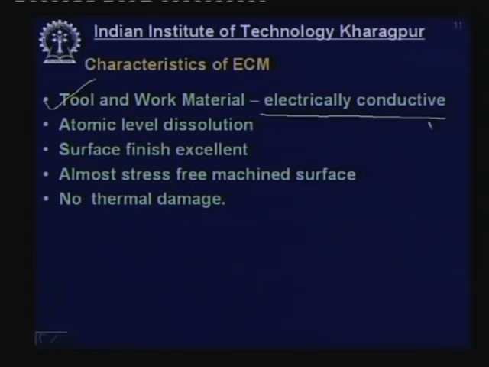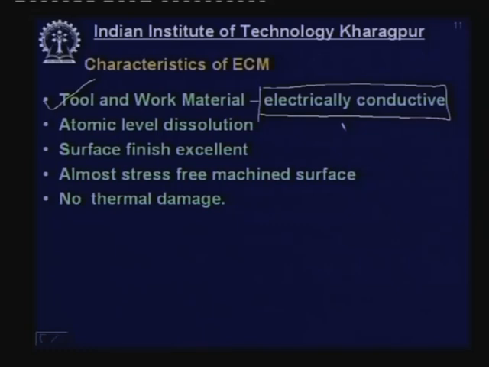Similarly, in electrochemical machining, they are to be conductive. If you remember, as far as abrasive jet machining, water jet machining, abrasive water jet machining and ultrasonic machining was concerned, there the domain of the energy was mechanical in nature, and thus you do not require the work material to be electrically conductive. But here, as well as in electro discharge machining, they are to be electrically conductive.